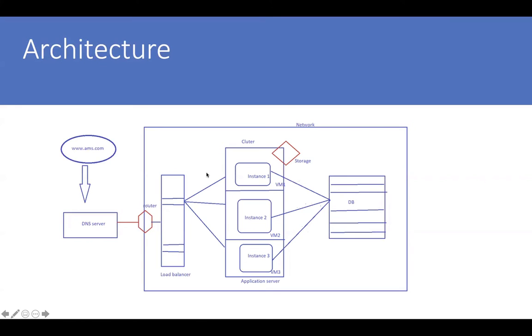Next thing, we'll go in depth now, where we'll use this architecture and compare it with the AWS services that AWS is going to provide. From DNS, to connect to the AWS network, the first thing that you need is Route 53. AWS has a service called Route 53, where you have to define your domain name.